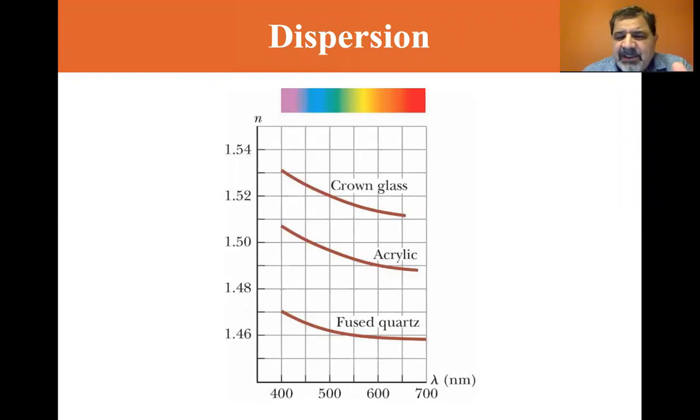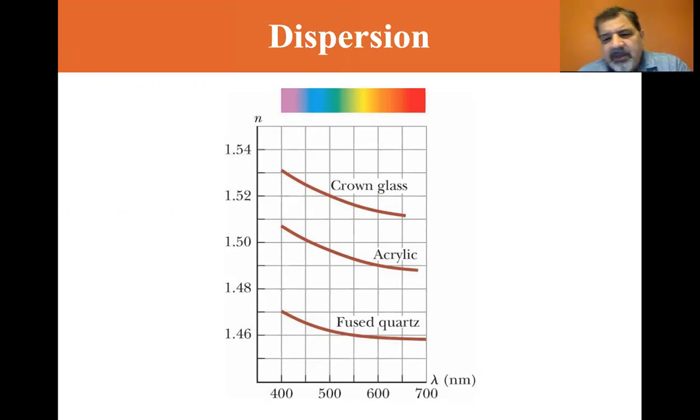But the thing to notice about these is that the index of refraction is color dependent, wavelength dependent. In other words, the velocity varies with color. With the violet end of the spectrum, there's more refraction than on the red end of the spectrum.